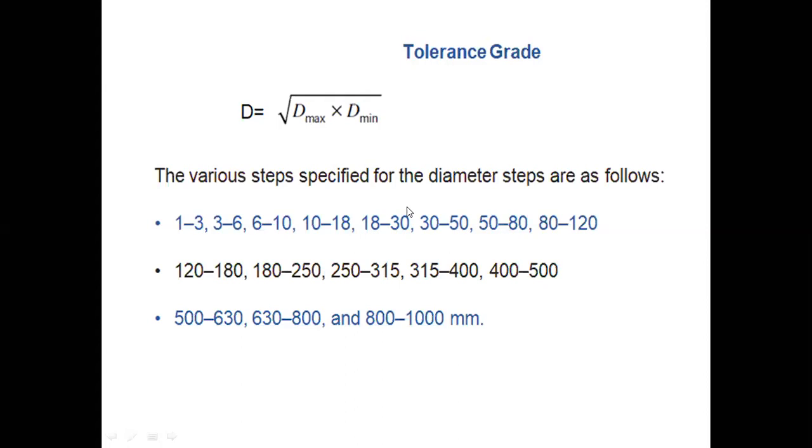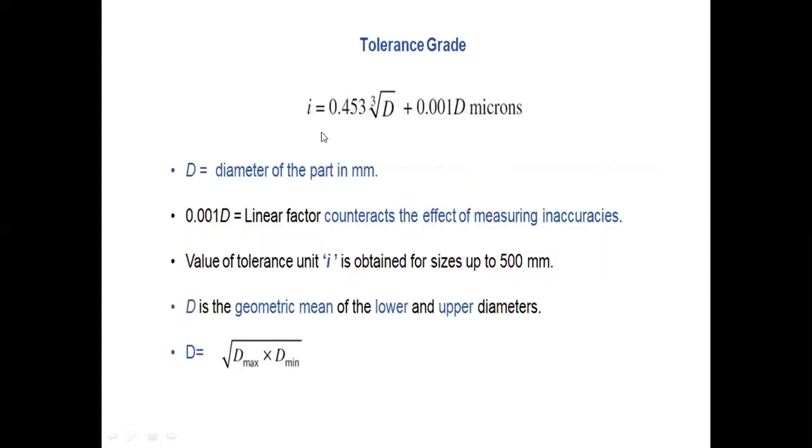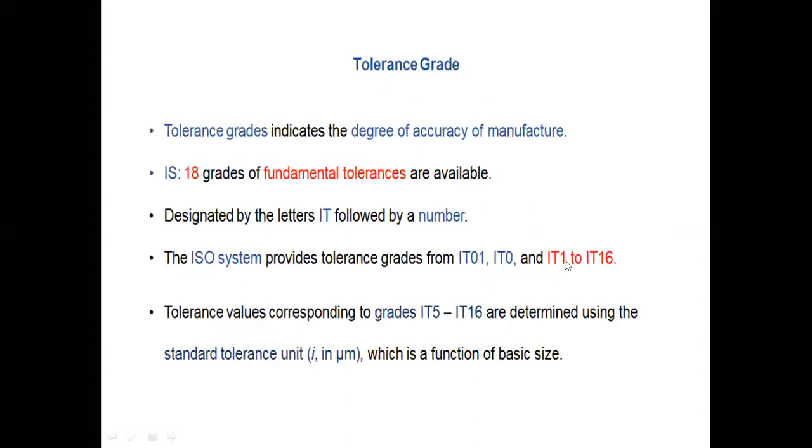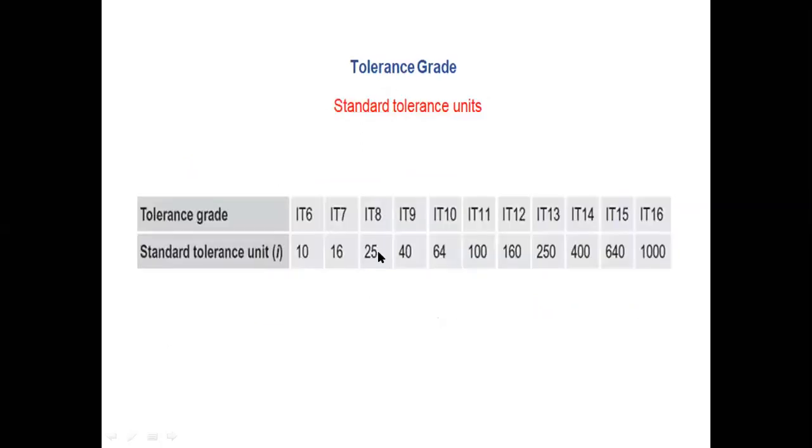That value D you have to substitute in this equation. You will get i. Once you get i, say the standard tolerance grade is IT5. Then for that the equation will be given. This table or individual definition will be given.